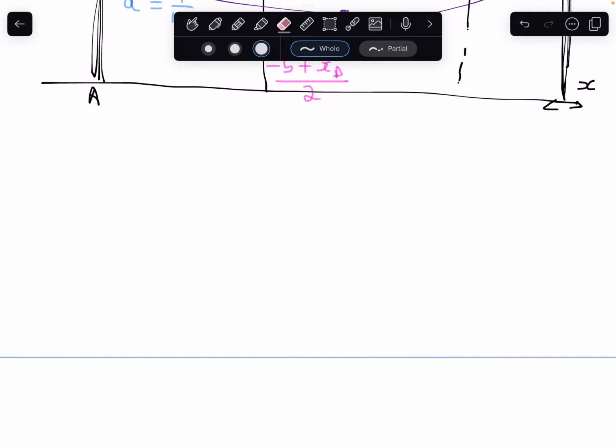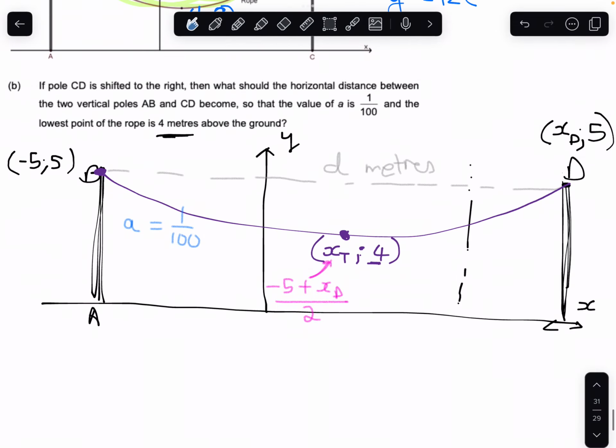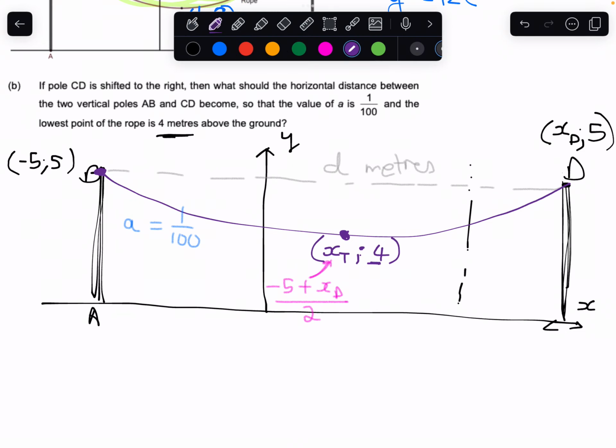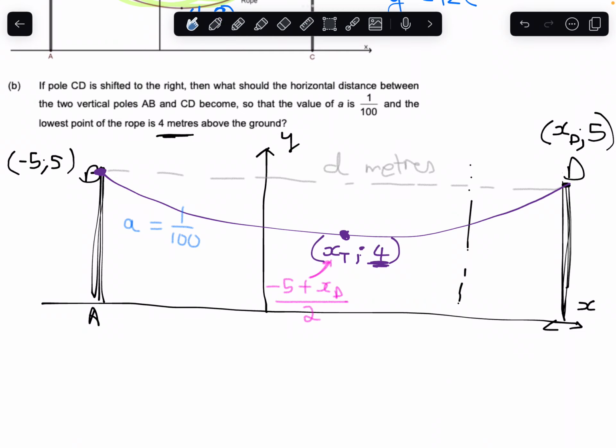The parabola has been moved up, even though it doesn't look like it. It just so happens that this is a common point between the two parabolas. But this 4 already indicates that the parabola has moved up by 2 units.